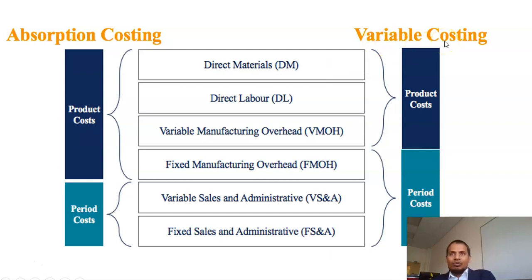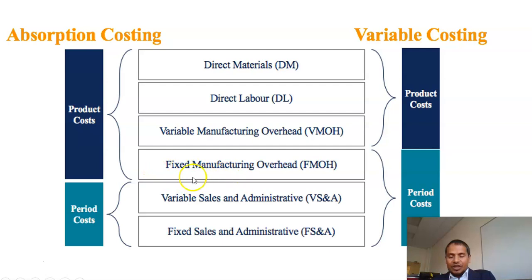In case of variable costing, you will calculate product cost based on variable manufacturing cost. Material variable cost, labor variable cost, and variable manufacturing overhead are also variable cost. So these are considered as product cost in variable costing.